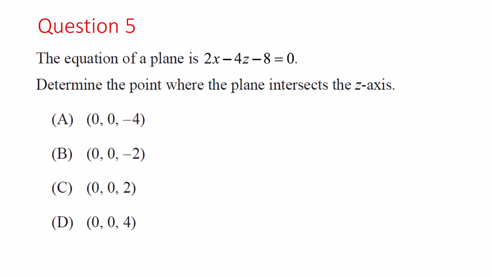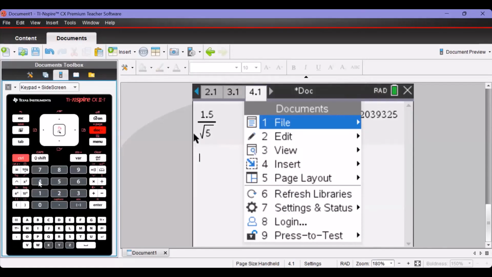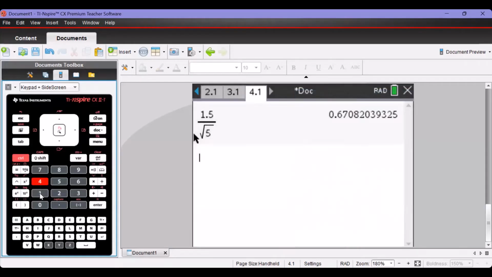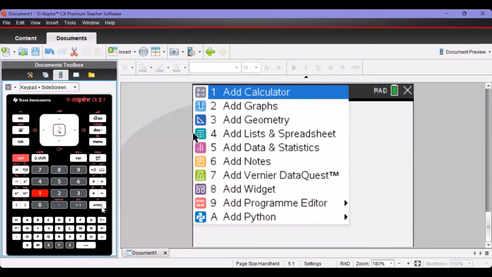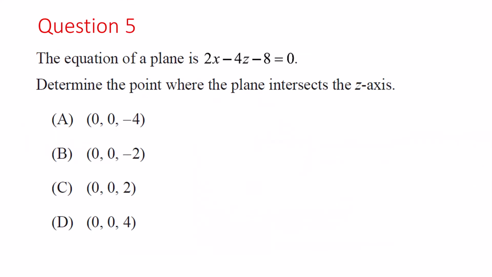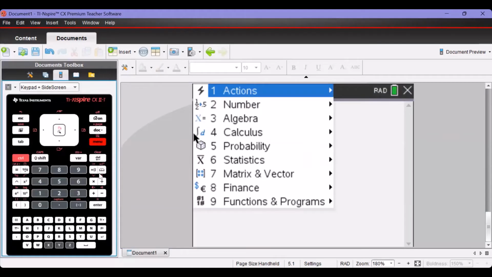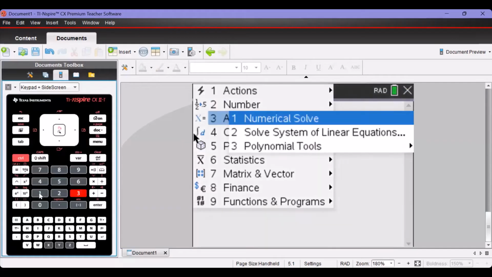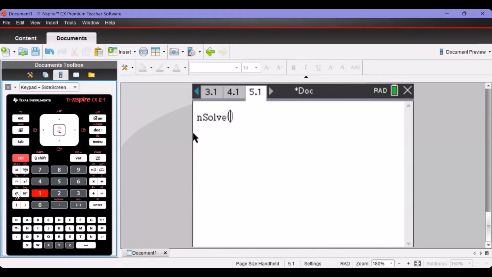Question 5. Press doc, 4 for insert, 1 or enter for new problem. Add a calculator. Here we want to solve the equation 2x minus 4z minus 8 equals 0 for z, given that x equals 0. To do this, press menu, 3 for algebra, 1 or enter for numerical solve.